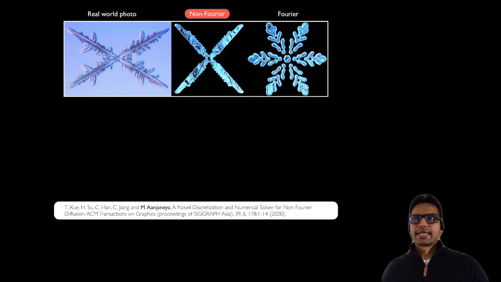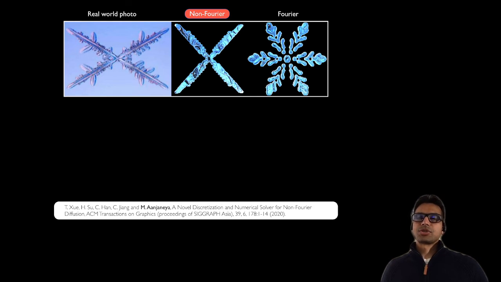And here is a quantitative comparison. For this cross pattern, Fourier-based diffusion incorrectly predicts 6 branches, as shown on the right, whereas non-Fourier diffusion correctly predicts 4 branches. So we actually showed that non-Fourier diffusion has value for experimental description of certain observed phenomena.